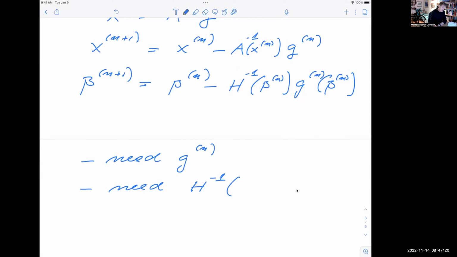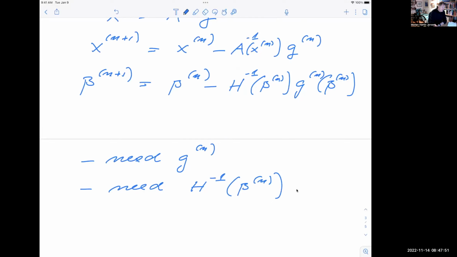That means we would have to calculate 1,000,000 gradients. And if you have 10,000 data points, your gradient would involve the 10,000 data points, and you have to evaluate 1,000,000 gradients.